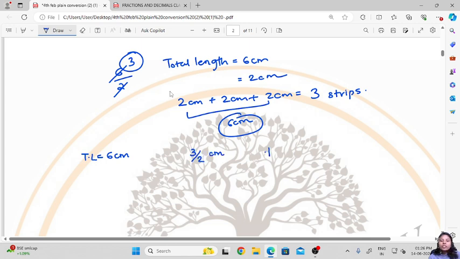So the question is, how many strips will he get? Here 6 divided by 2 gave us 3 strips. Now we have to ask ourselves how much 6 divided by 3 by 2 will be.